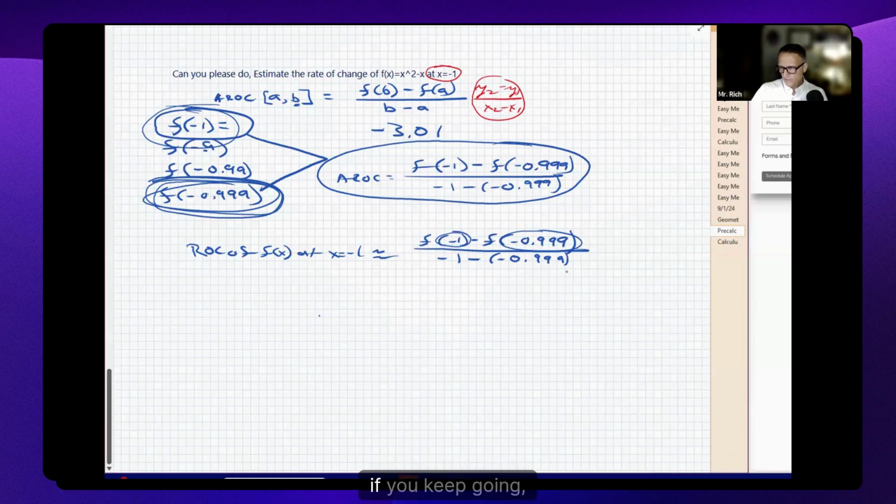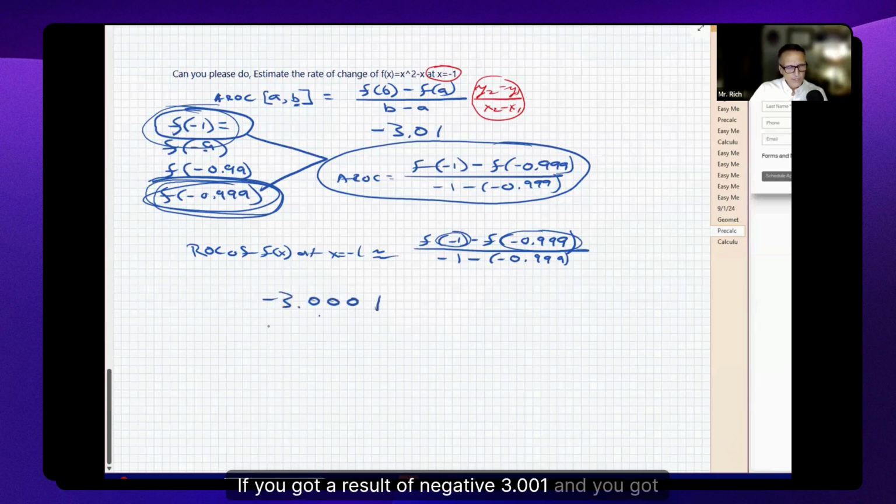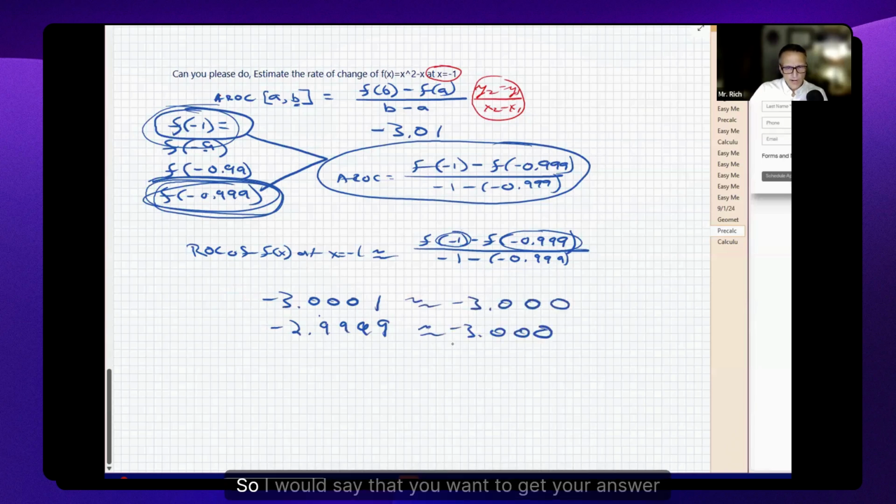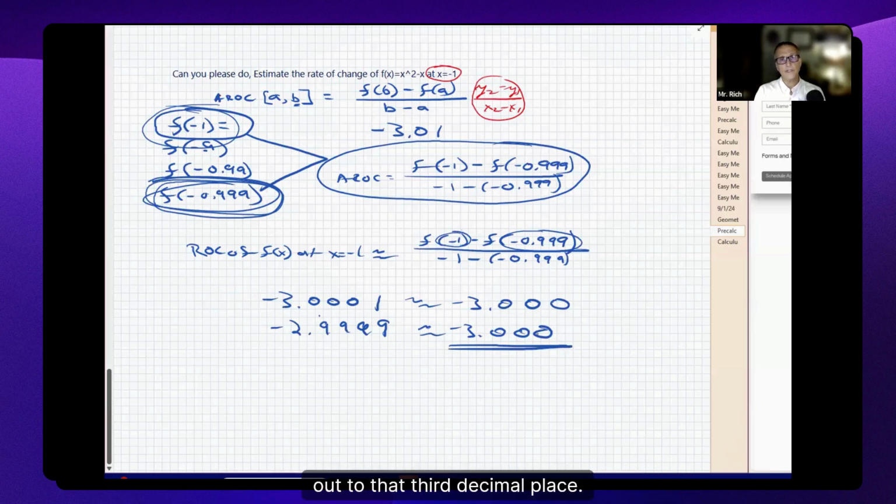So in other words, if you keep going, and here's your two results. If you got a result of -3.0001 and you got a result of -2.999, both of those round to -3.000. So I would say that you want to get your answer out to that third decimal place. And so the right answer really would be a -3.000. So I hope that helps.